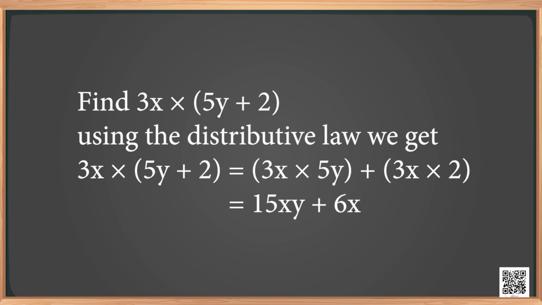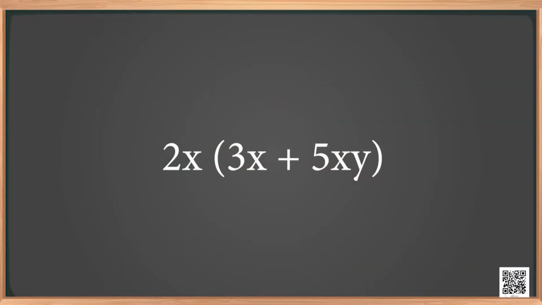Using the distributive law, we get 3x times 5y plus 2 is equal to 3x into 5y plus 3x into 2, which is equal to 15xy plus 6x. Now, find yourself the product of 2x times 3x plus 5xy.